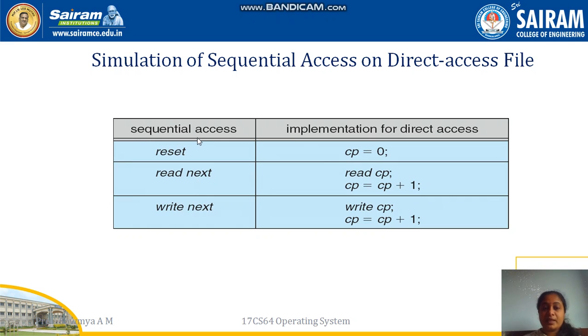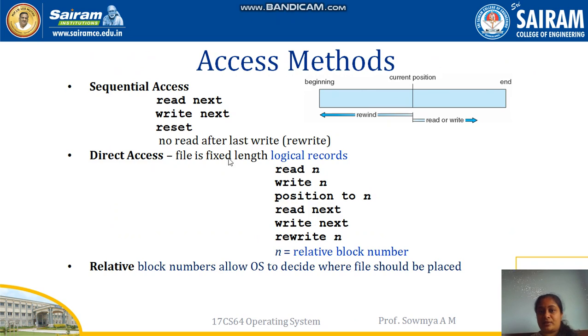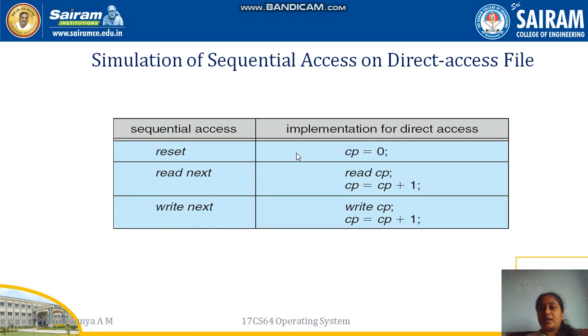In sequential access, reset sets the current position to the beginning; in direct access, we use cp equal to 0. Read next in direct access is read cp, then cp plus 1, where cp is the current position. Write next is the same: write cp, then cp plus 1.